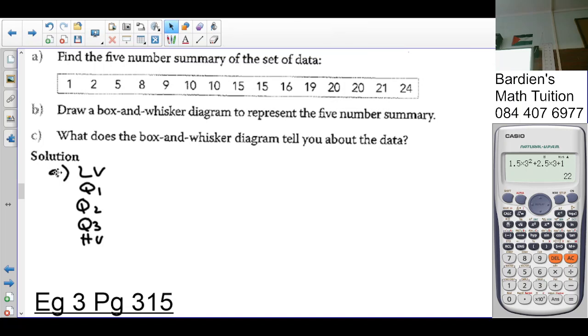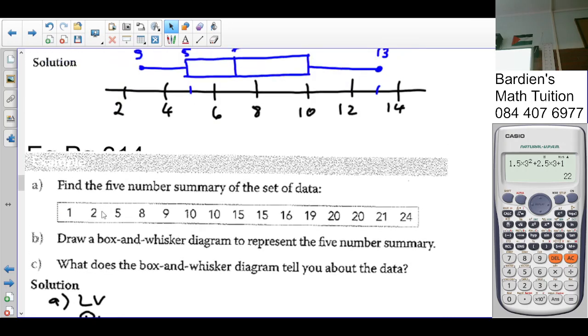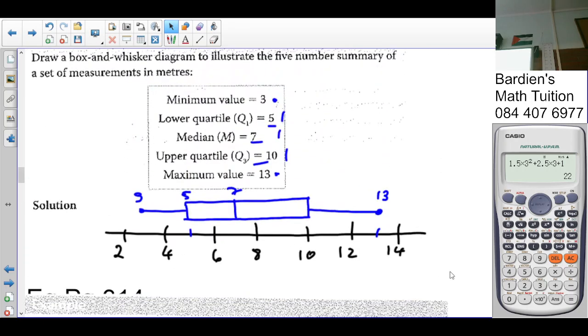The box and whisker diagram can be drawn on a vertical line or horizontal line. Doesn't matter. Then I should go on a horizontal line to show you. If I just use the previous example, that would simply be like that.